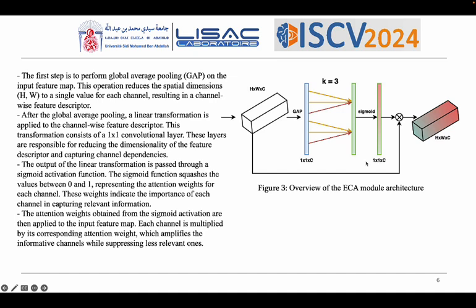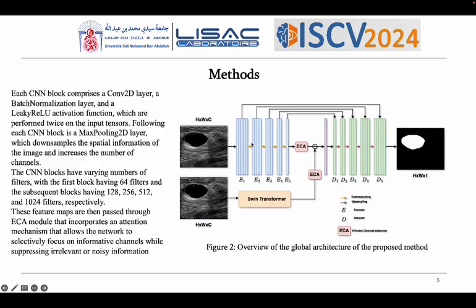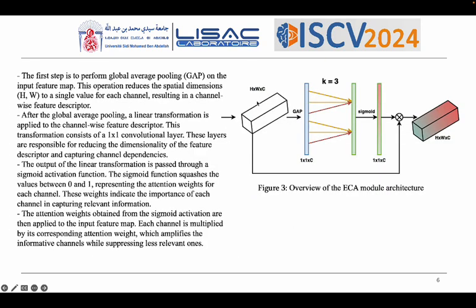Here we are in figure 3. Here we see an overview of the ECA method, the efficient channel attention module, and here, as we said, we have an input tensor or a feature map. The first step is to perform global average pooling on the input feature map.